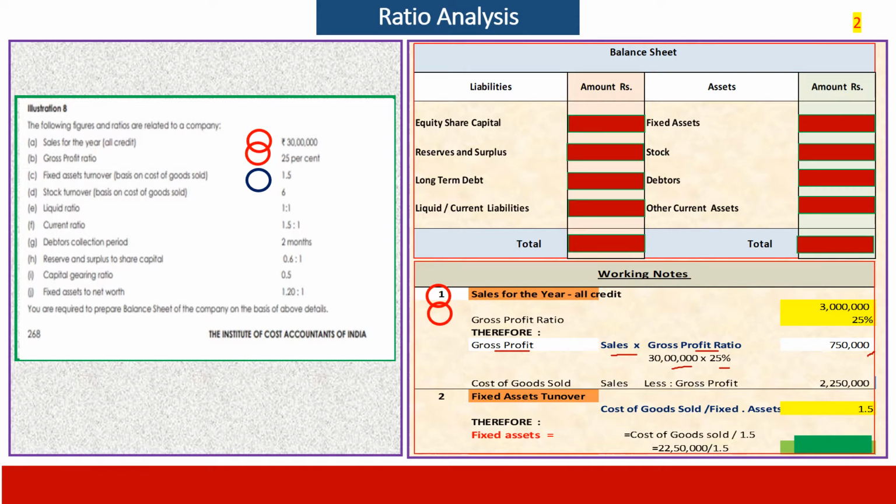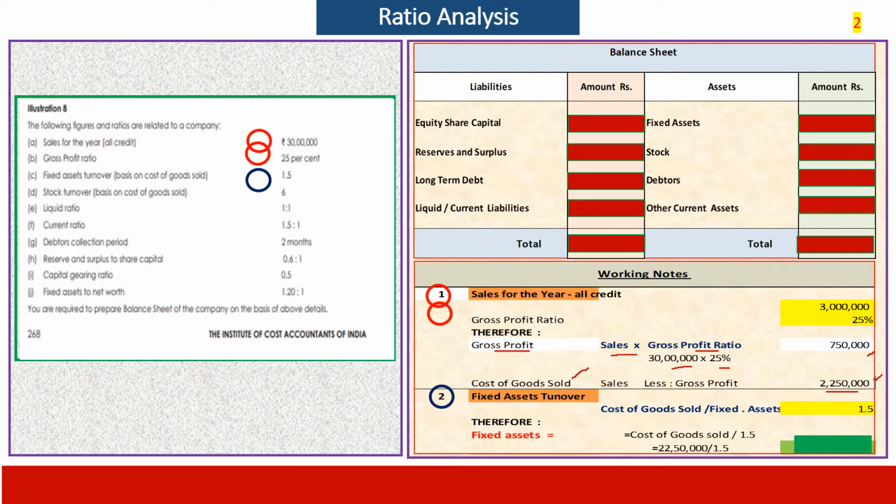And this is given to derive the cost of goods sold, that is sales less gross profit is equal to cost of goods sold. This we will be using for further calculation in relation to turnover ratios. Therefore, cost of goods sold is 22,50,000.